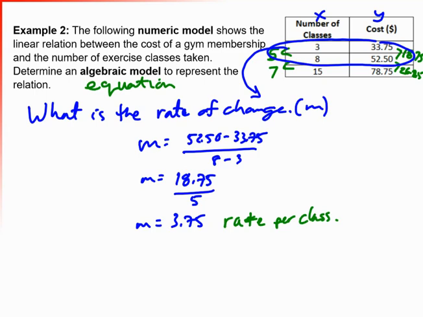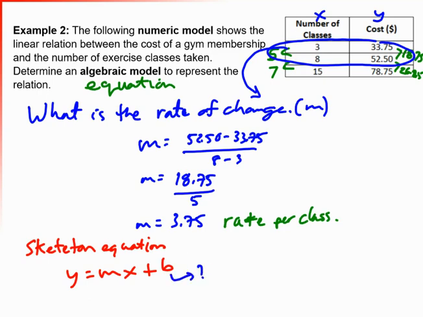But we could also substitute. So if we had a skeleton equation, something like the cost, well, we used y up there, so y equals mx plus b. So the thing we don't know is b. That's what we want to know.